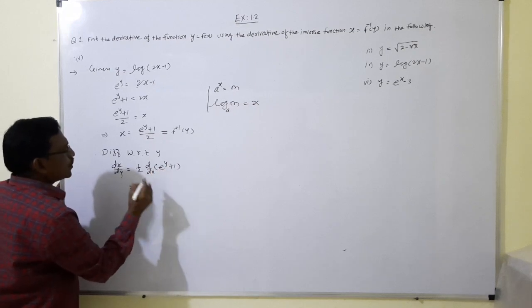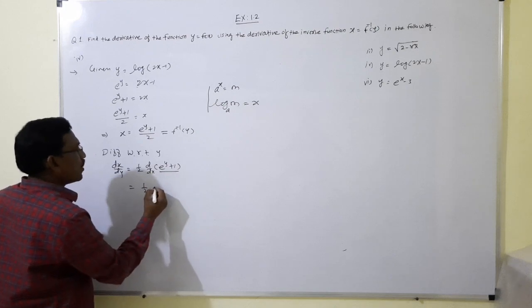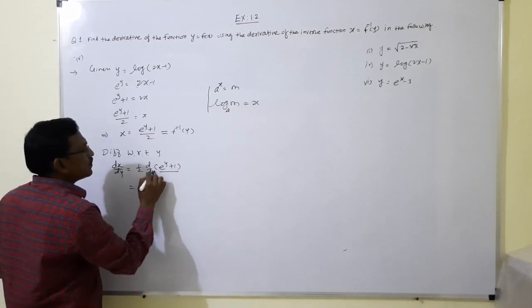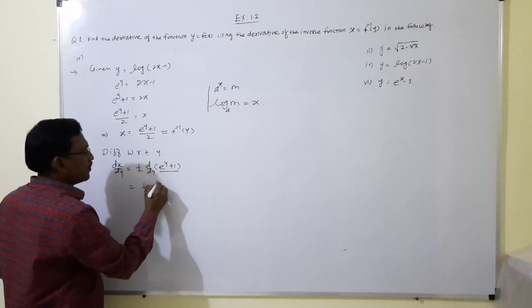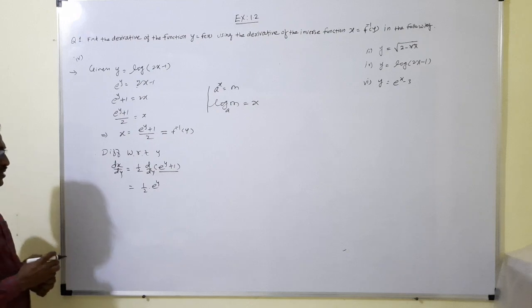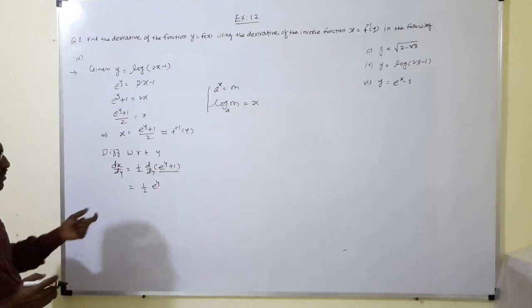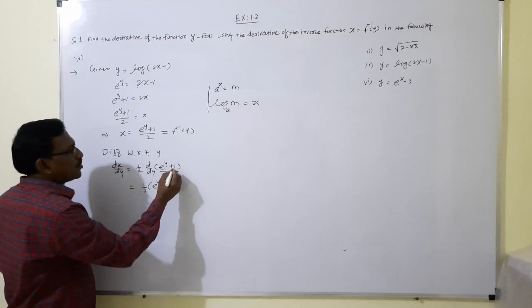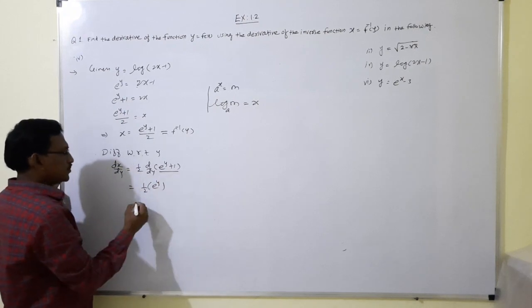So 1 by 2 into the derivative of e raised to y, which is e raised to y. It is an exponential function. The derivative of e raised to x is e raised to x, same as the derivative of e raised to y is e raised to y, and the derivative of constant 1 is 0.